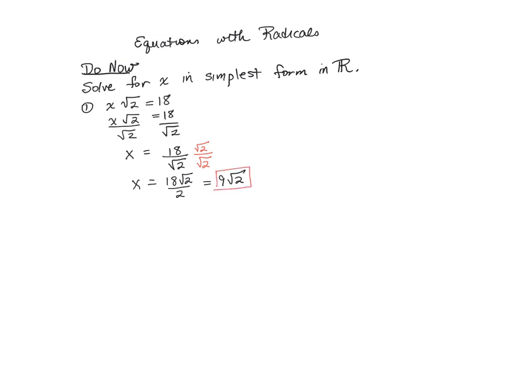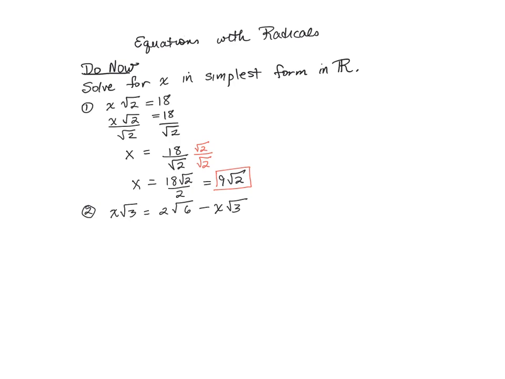Okay, so I'd like you to try these yourselves. Number 2, I'm going to change the variable: x times the square root of 3 equals 2 times the square root of 6 minus x times the square root of 3.